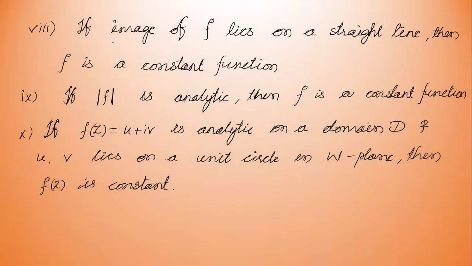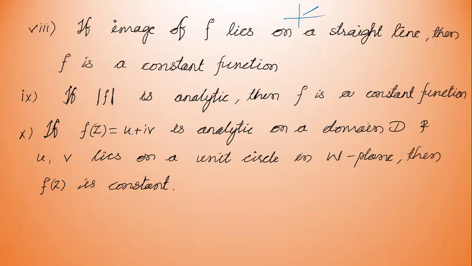Next, eighth one, if image of f lies on a straight line, then f is constant function. Ninth one, if modulus of f is analytic, then f is a constant function.